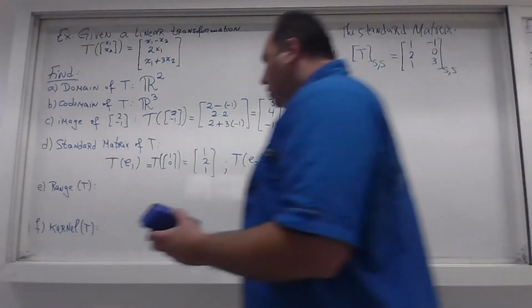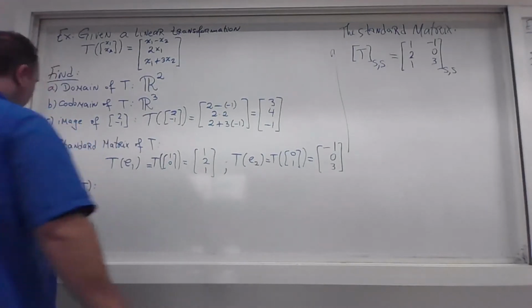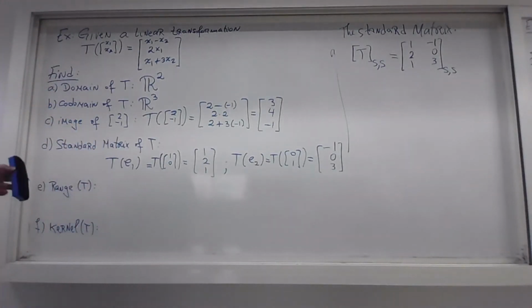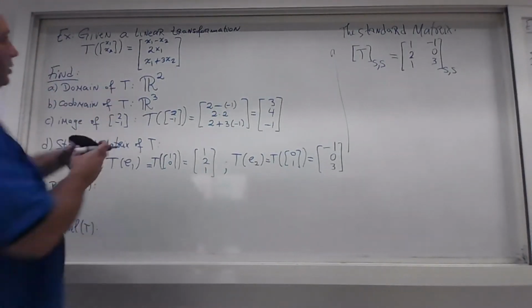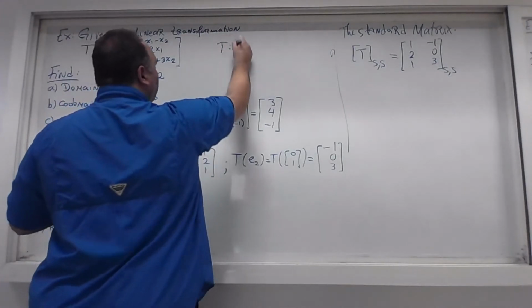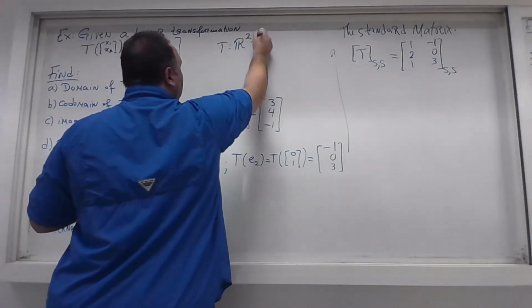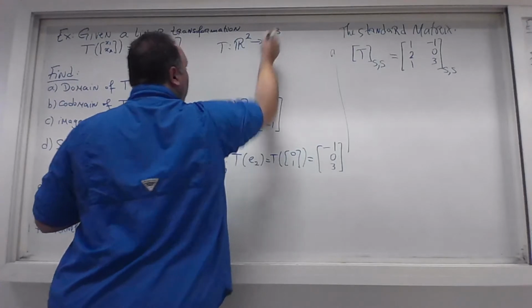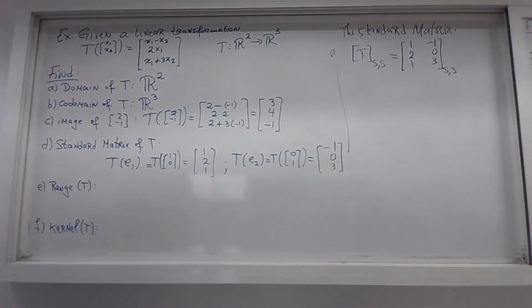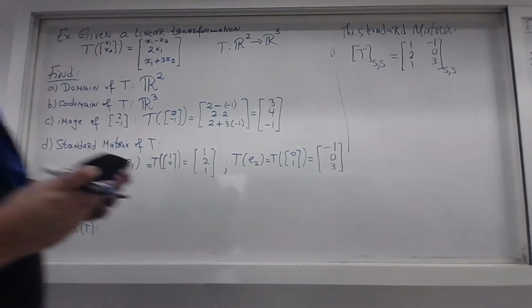Now the big question, what's the range of T? Well, we know now that T acts from R2 to R3. So this is a matrix transformation because we have a matrix associated with it.